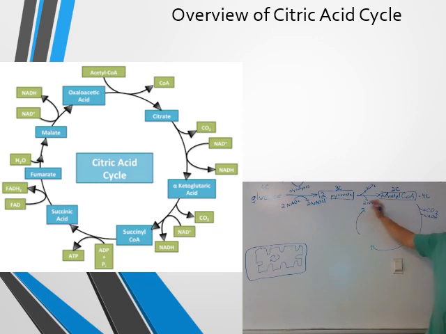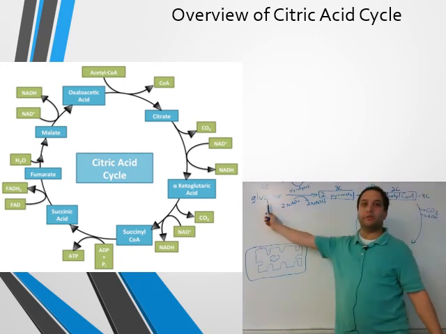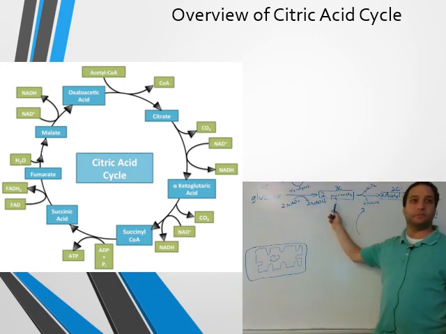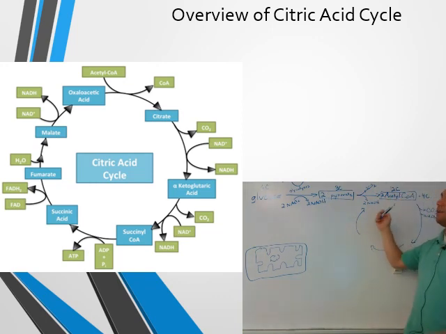So you broke one glucose into 2 pyruvate. Does that make sense? So that's where that 2 comes from. 2 pyruvate get broken down. Each gets broken down into a single acetyl coenzyme A. But you have 2 pyruvate, so it's 2 acetyl coenzyme A.